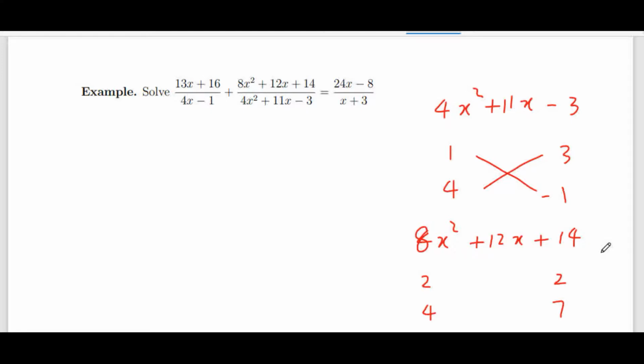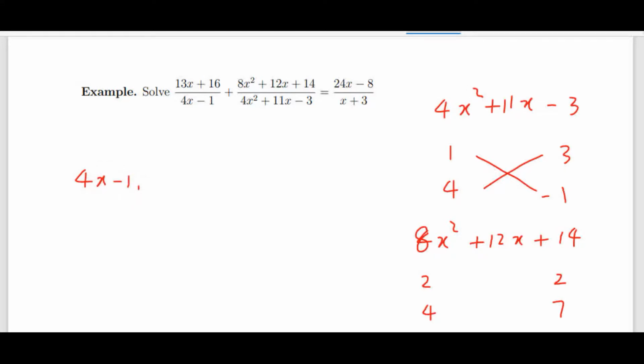Maybe I made a mistake in this problem. The numerator we maybe cannot factor, but the denominator we can factor. So the denominator is 4x minus 1.